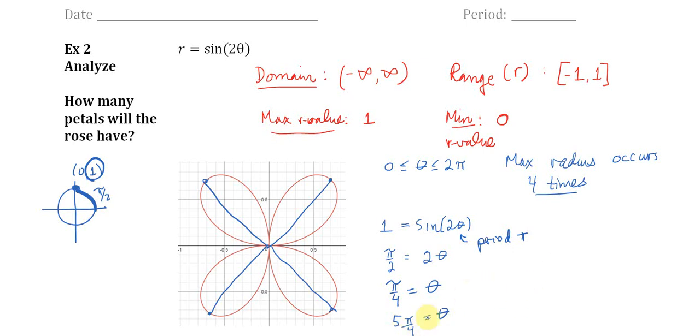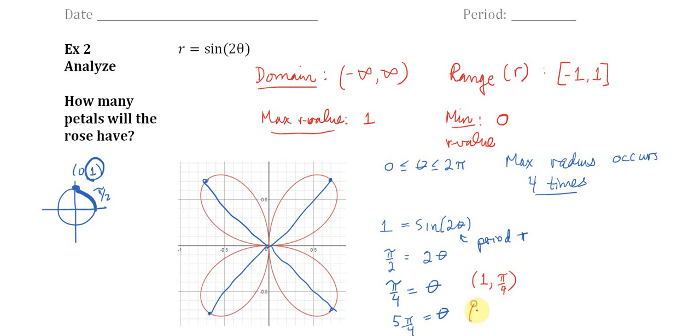Okay? So that means the polar coordinate point that we have occurs when r equals 1 and theta equals pi over 4.